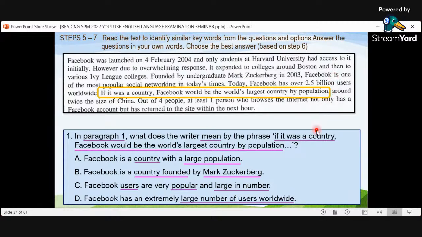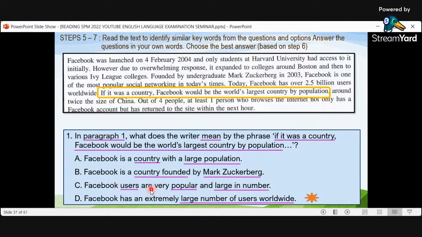Right? Okay, so the best answer would be that it is talking about worldwide because it has 2.5 billion users worldwide. Out of 4 people, so it doesn't matter what country you are in, 1 out of 4 people will go back to their Facebook account within the next hour. Right?